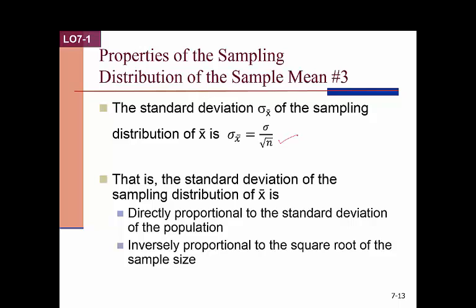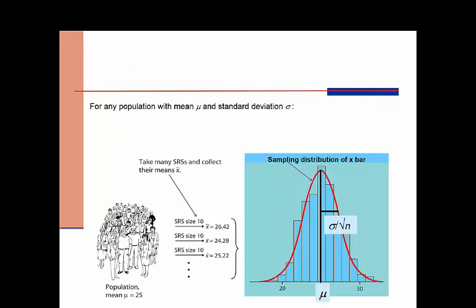Okay, so this is what you want to remember. And this makes sense, right? As my sample size increases, my mean will get more and more towards the overall population mean.